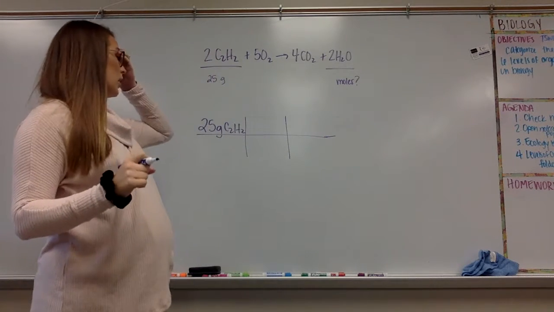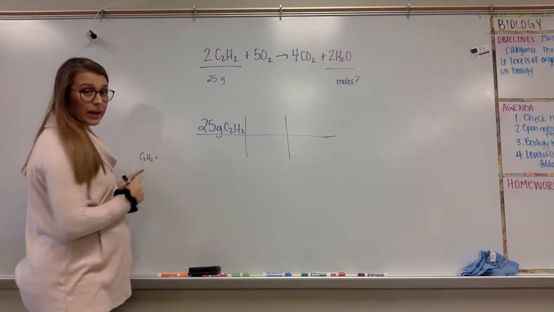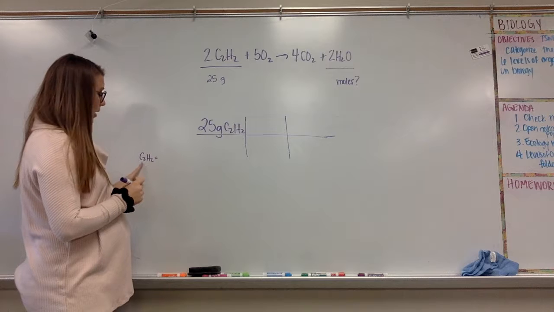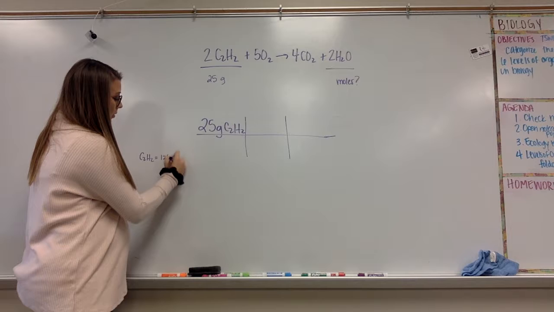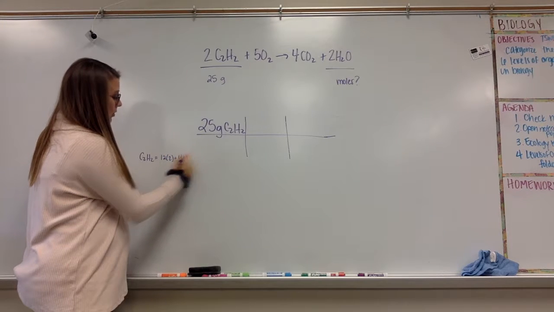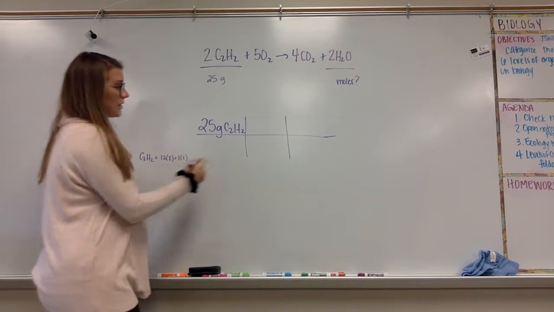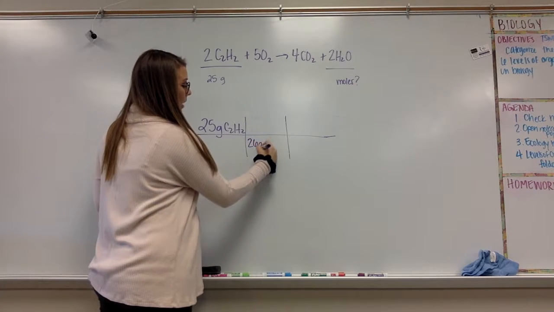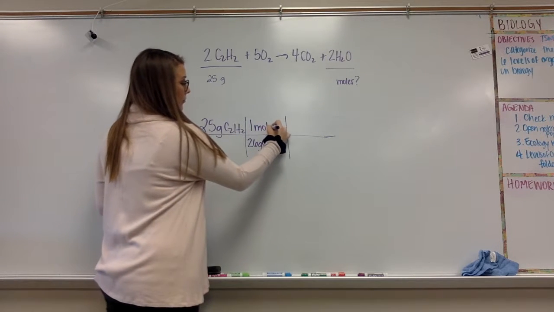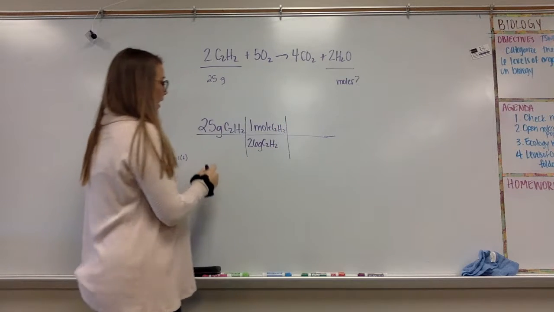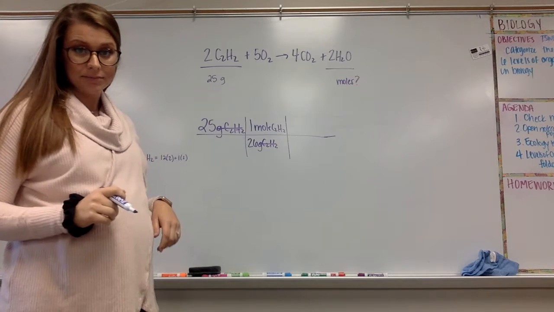So molar mass of C2H2, if you remember, we have 2 carbons, which is 12 each, and we have 2 hydrogens. So we have 12 times 2 plus 1 times 2. So we're going to have 24 plus 2, which is 26 grams, which is going to go on the bottom since we need to cancel grams. And then my 1 mole goes on top.